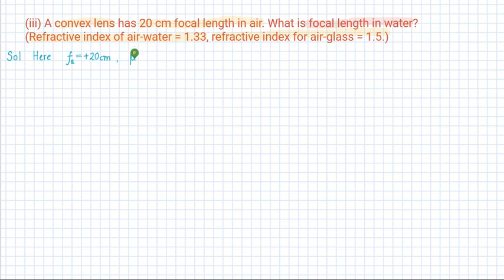It travels from air to glass. Now look here. As I've already stated, this refractive index can be written as the refractive index of glass, mu of G, upon mu of air. And how much is the refractive index of air?